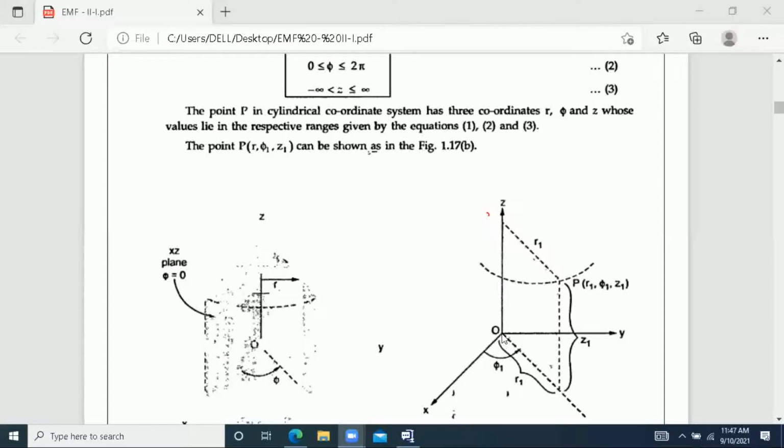It's a dead giveaway. It's a cylindrical coordinate system. So you have to come 10 from the origin, go around by pi by 4, and go up by whatever I said Z was to find that point.